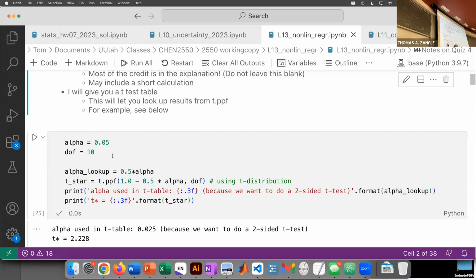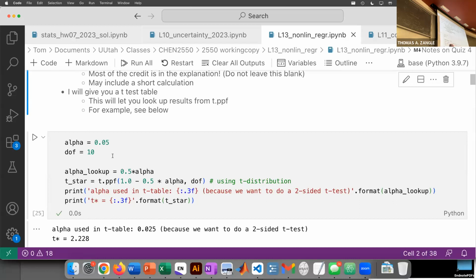This is the way we typically have written that out in class: t.ppf of 1 minus 0.5 times alpha with a specified number of degrees of freedom.